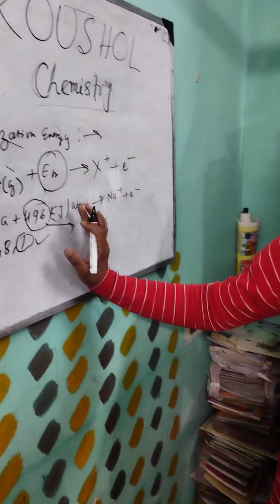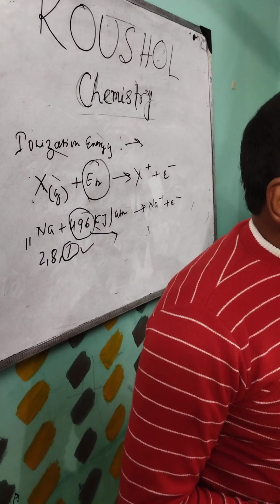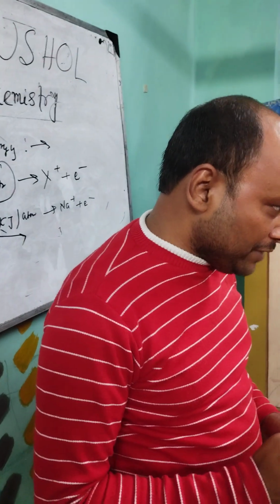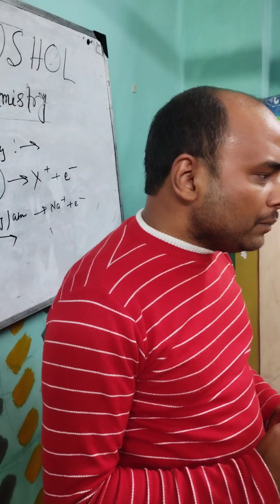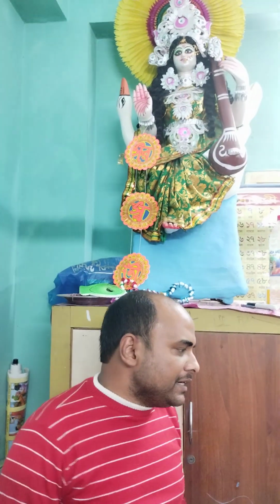Again I repeat, ionization energy is the amount of energy required to remove a valence electron, meaning the most loosely held electron from the orbit, to convert the atom into a unipositive cation. That amount of energy is called ionization energy.